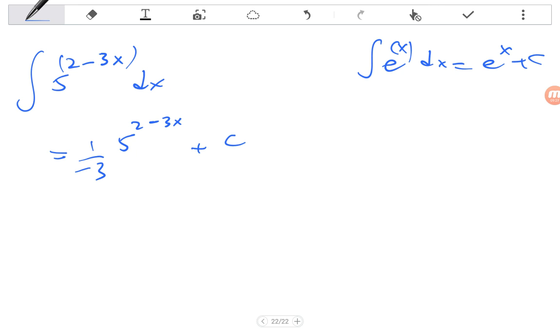Like this. No, remember the original rule. What was it? The integral of a to the power x dx was a to the power x, but I divided by ln, not ln x, but ln a, the number. In this case it will be ln 5. So what will be different here? You will just divide by ln 5. Okay.